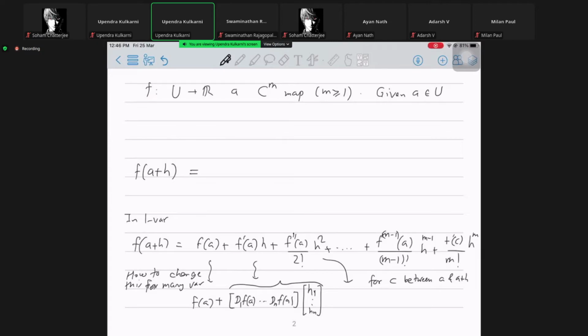The m and the n are completely different. The degree of accuracy that I have depends on how many times I'm able to differentiate continuously. That and the number of variables have nothing to do with each other.